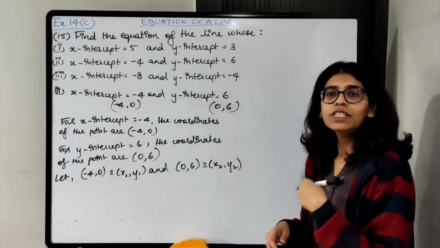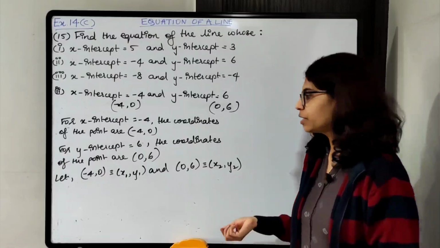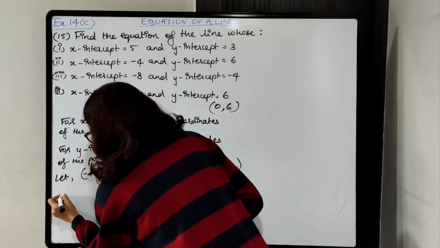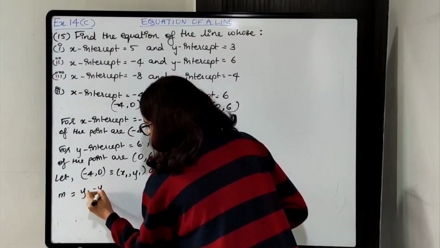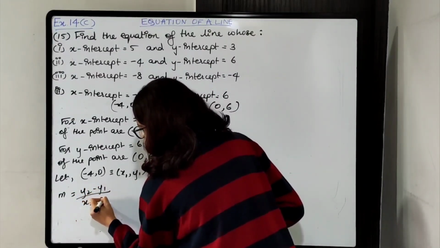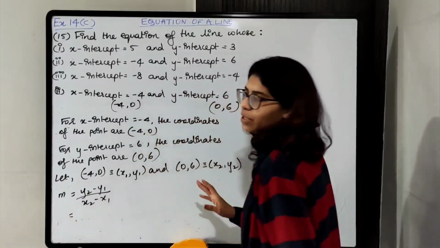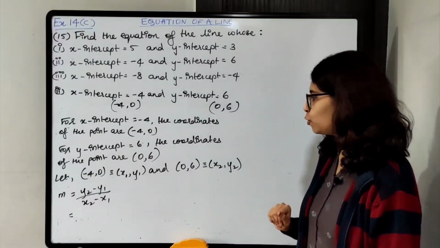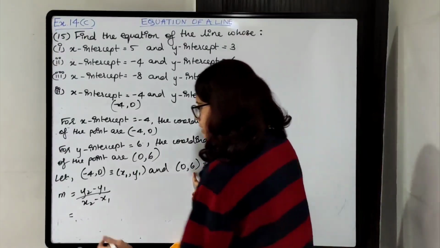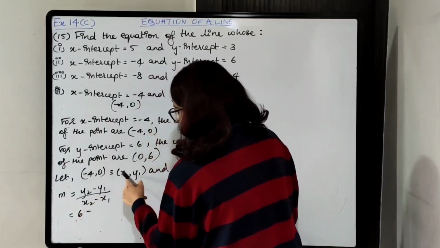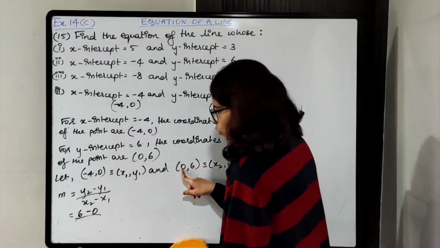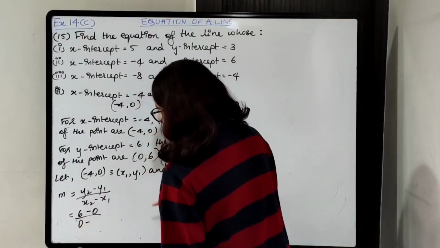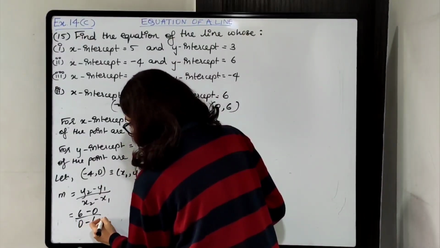First thing that we have to do is find the slope. So it will be y2 minus y1 upon x2 minus x1, or y1 minus y2 upon x1 minus x2, whatever way you want to follow. y2 is 6, y1 is 0, x2 is 0 and x1 is minus 4.